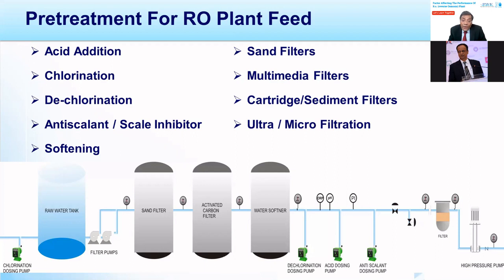Either you require only a sand filter, or you require activated carbon as well, or you require softening, or you require chlorination. Unless the complete analysis is available for the source of water, an appropriate treatment cannot be proposed by any system manufacturer or supplier.